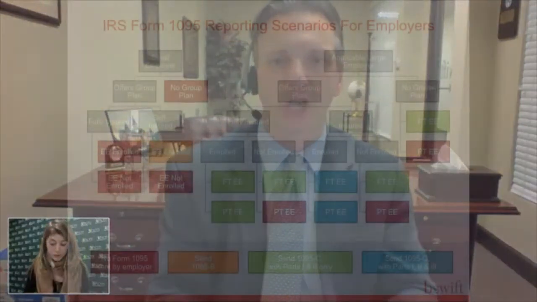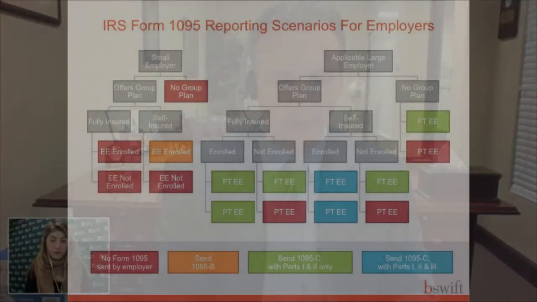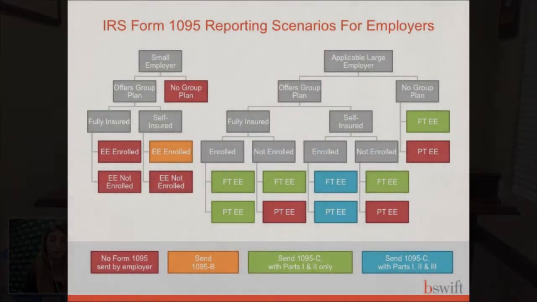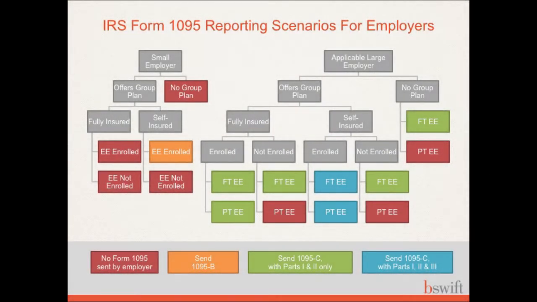It's sort of a flow chart, and it breaks down from small employers to what are called applicable large employers. Applicable large employers are those that have 51 or more full-time equivalents. And on this chart, we basically show a flow of which forms employers need to prepare and issue, and to which classes of employees.